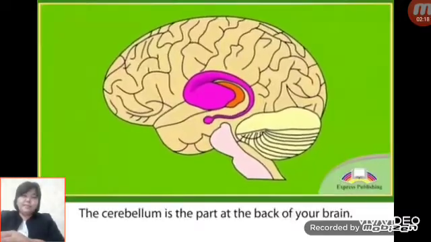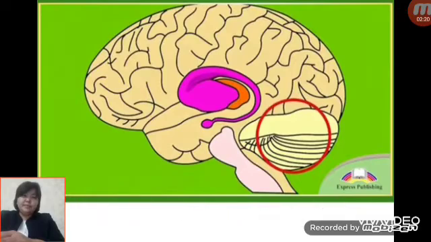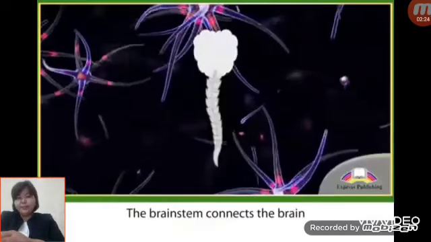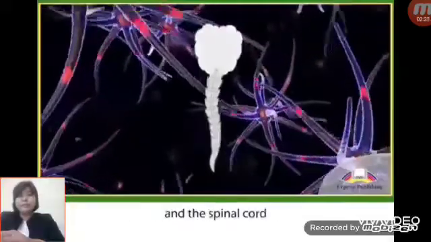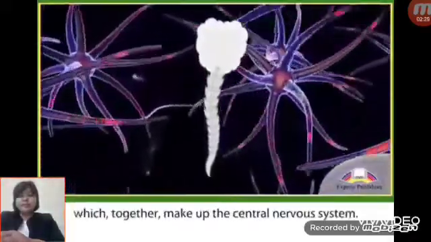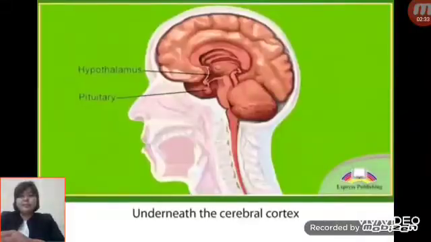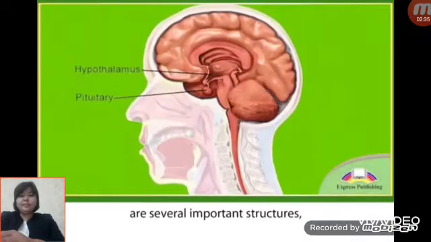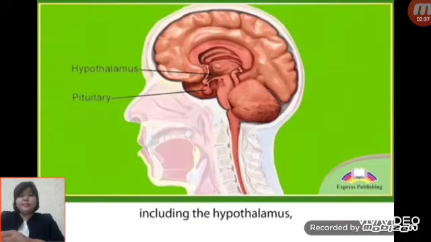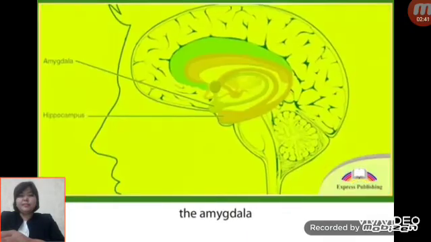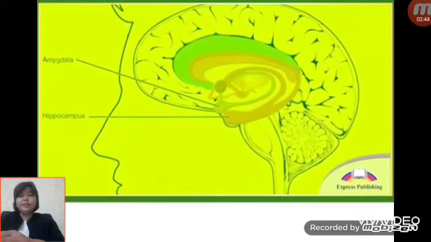The cerebellum is the part at the back of your brain. It controls movement and balance. The brainstem connects the brain and the spinal cord, which together make up the central nervous system. Underneath the cerebral cortex are several important structures, including the hypothalamus, the pituitary gland, the amygdala, and the hippocampus.